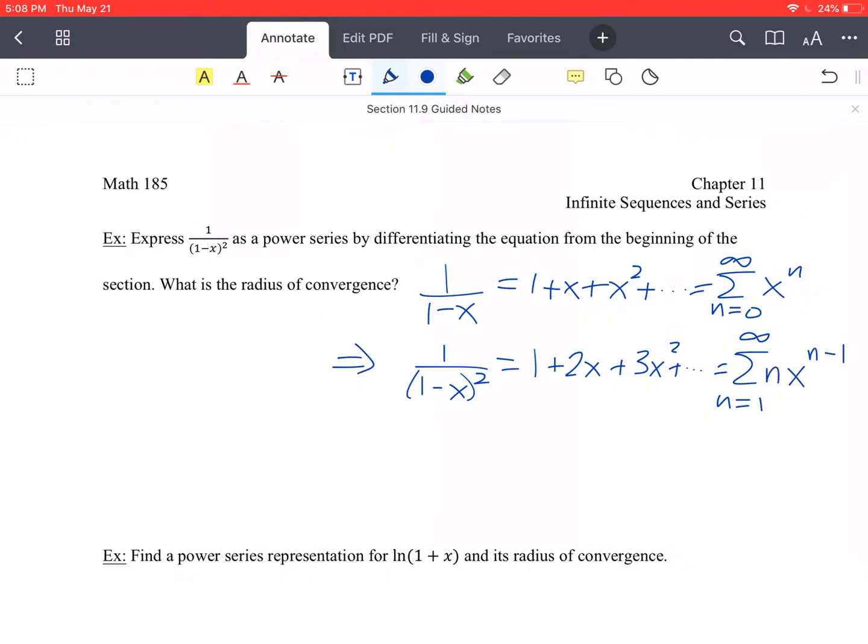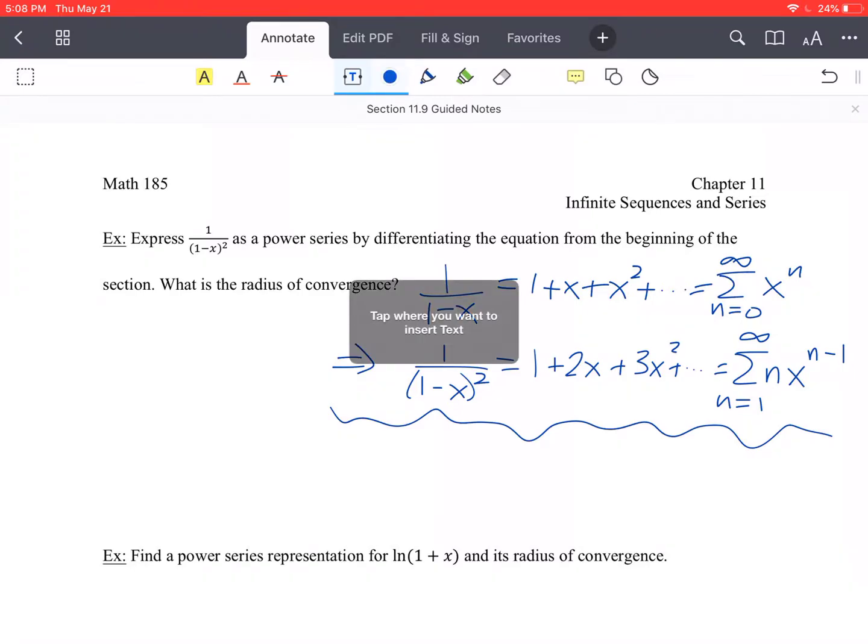Because if we let n start at 0 with this one, it just gives us a 0 in that coefficient position, so it's not going to contribute to the sum at all. So we just start at 1. That gives us a power series representation for that function.